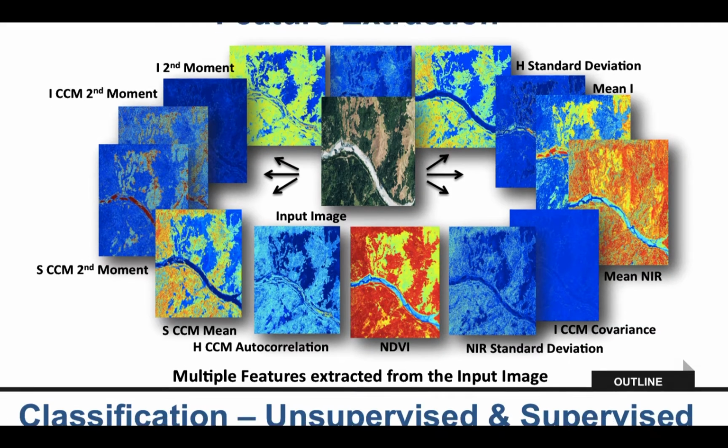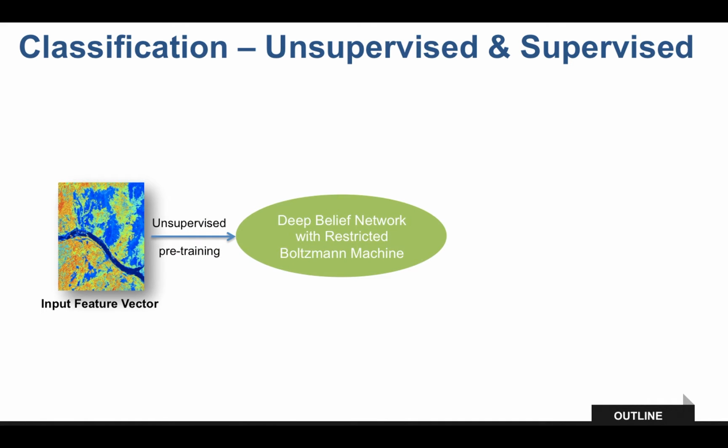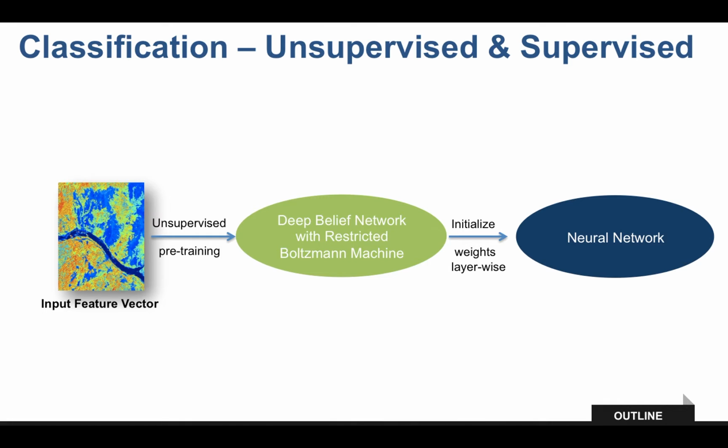Once extracted, the features are fed into a deep belief network for classification. The weights of the DBN can then be used to initialize the weights of a neural network to produce the final classified image.